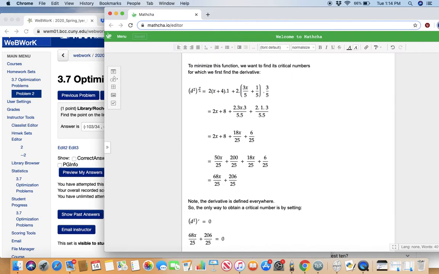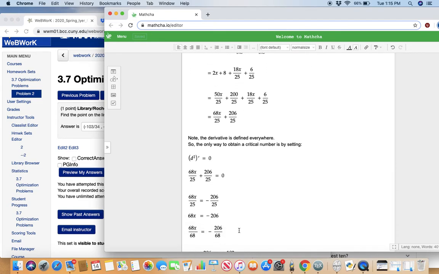That is the derivative. So look, all this because I need to find the critical numbers. Notice this is a polynomial, so it's defined everywhere. So the only way to obtain a critical number is by setting the derivative to 0. Well, derivative is this quantity, set it to 0.